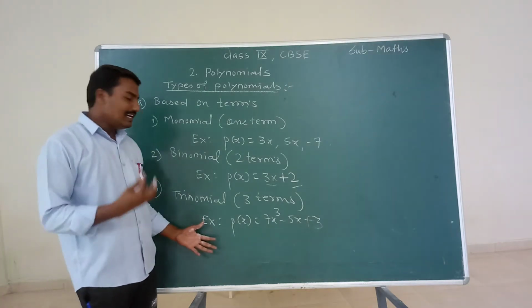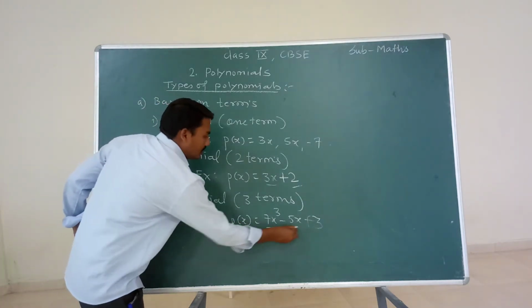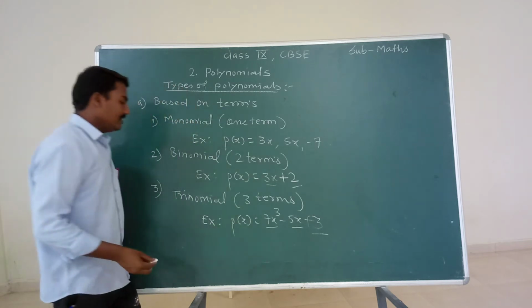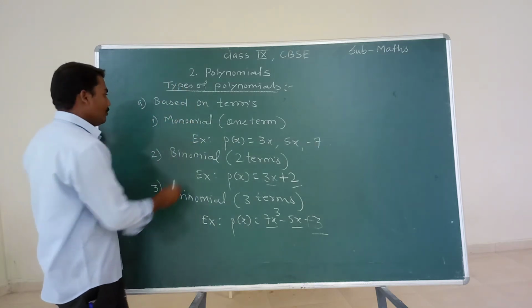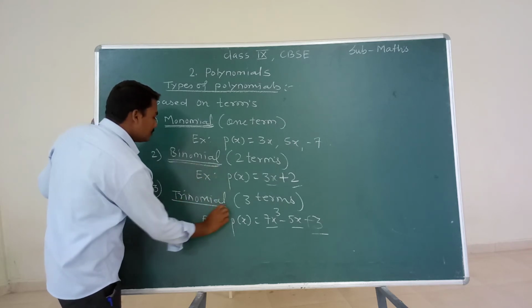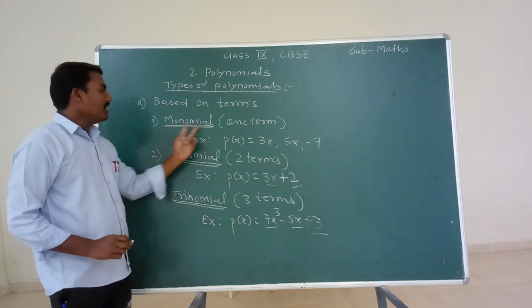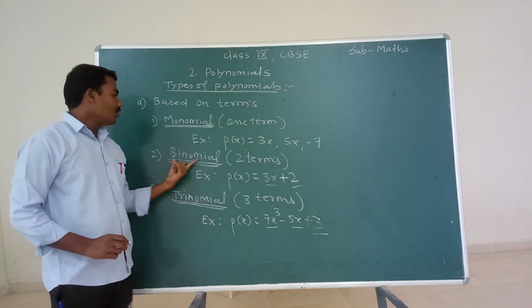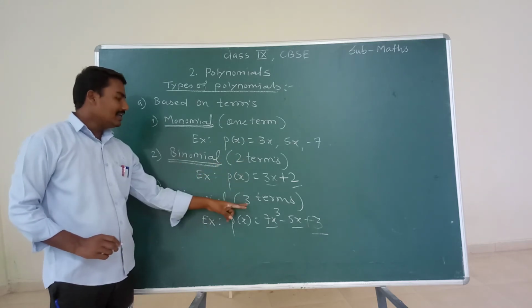So it has three terms, 1, 2 and 3. That's why it is called a trinomial. So these are the three main types of a polynomial. Monomial one term, binomial two terms, and trinomial has three terms.